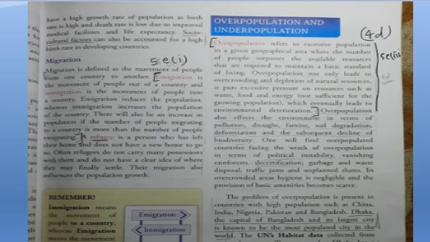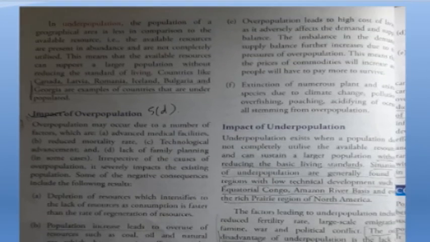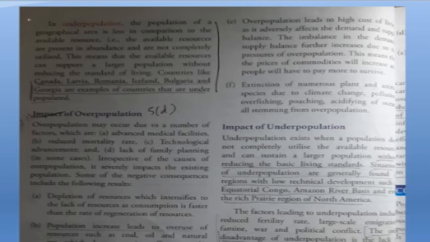Okay, and after this, for underpopulation here, in underpopulation, the population of a geographical area is less in comparison to the available resources. The available resources are more, so it is complete. Okay, so this is the difference between overpopulation and underpopulation.